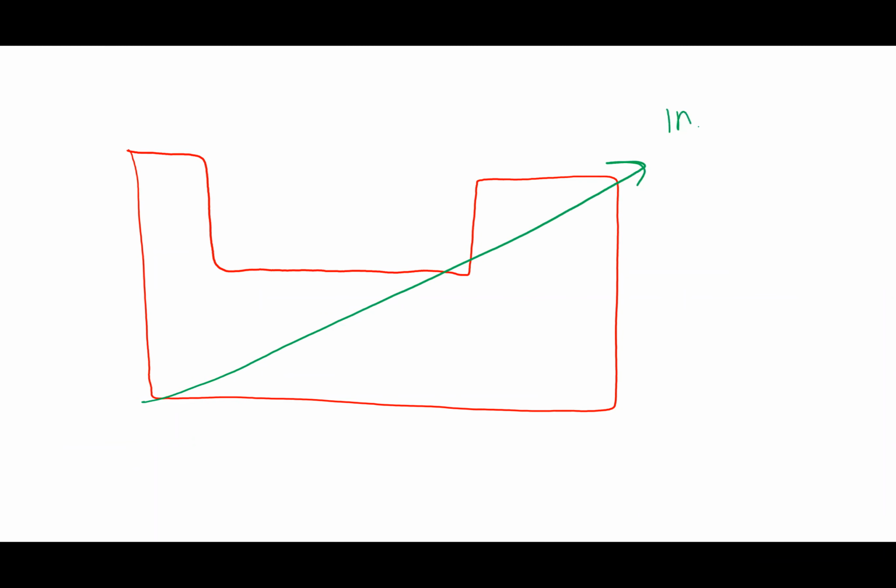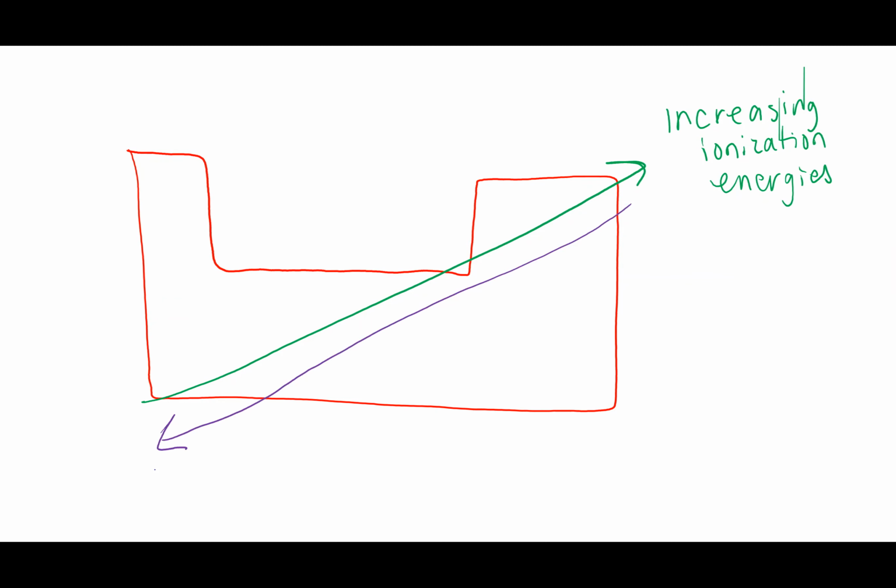Ionization energies increase in this direction. If I'm going to be proper, I'll say increasing. Now, if you can remember last class, you might notice something about this arrow. This arrow is the complete opposite of atomic radius or radii.